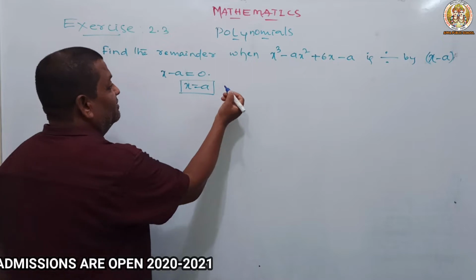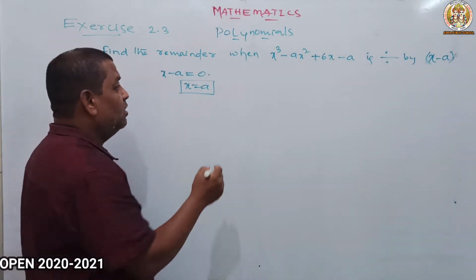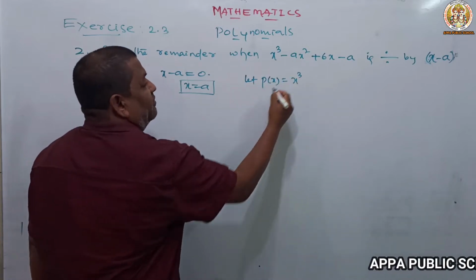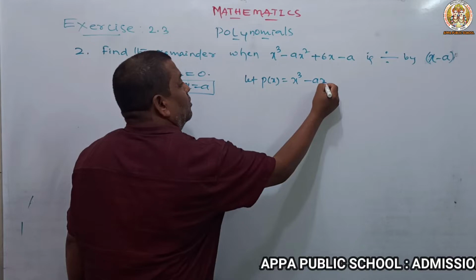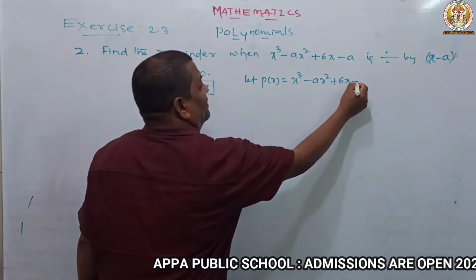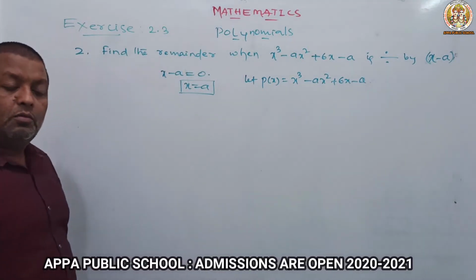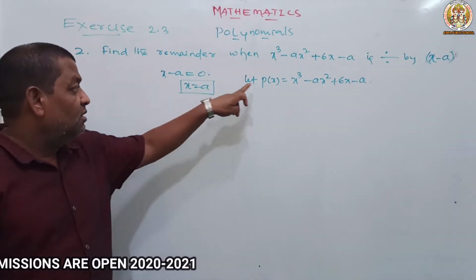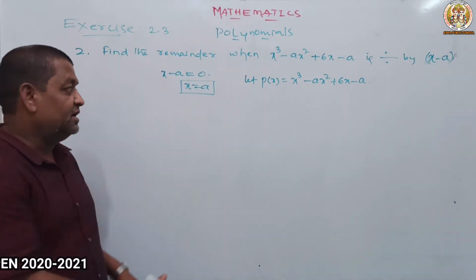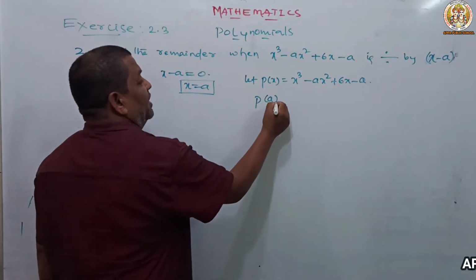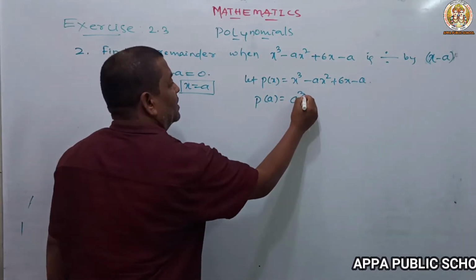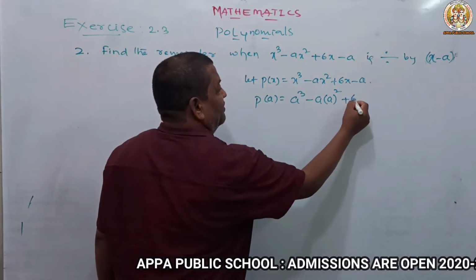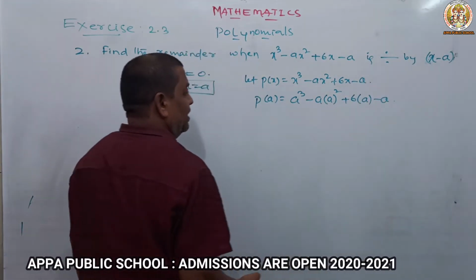So let me tell once again. According to the remainder theorem, let p of x be equal to x cube minus ax square plus 6x minus a. By the theorem we substitute the x value as a, that is, p of a is equal to a cube minus a into a square plus 6 into a minus a.